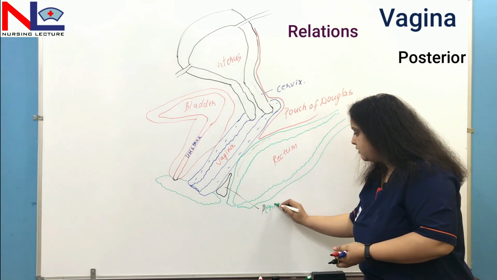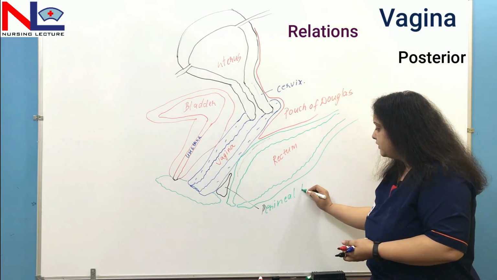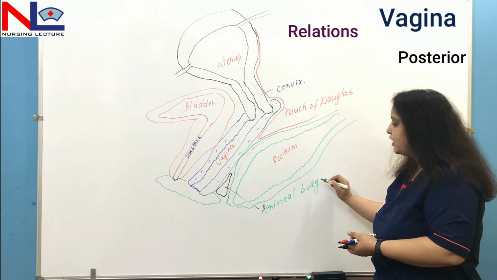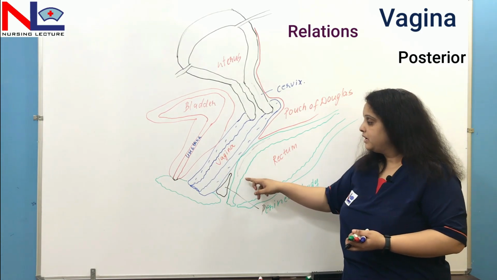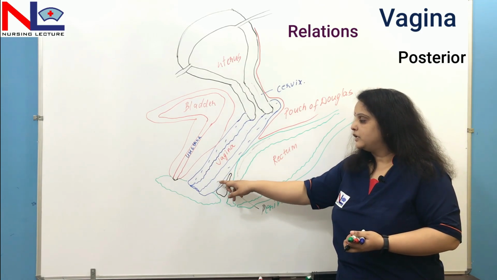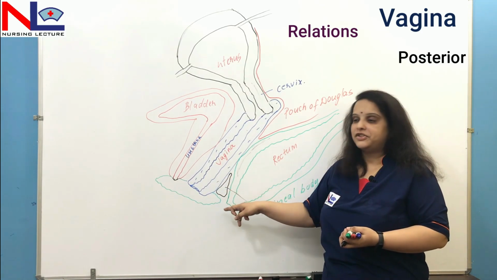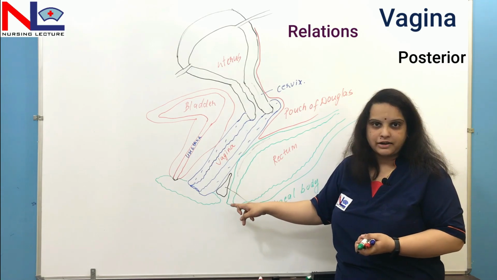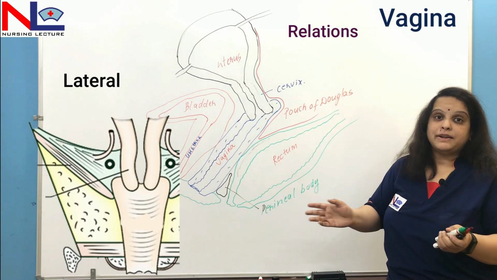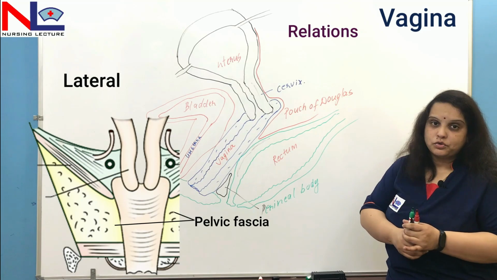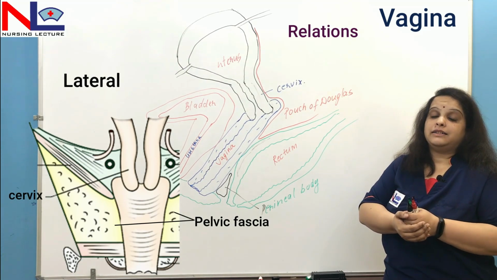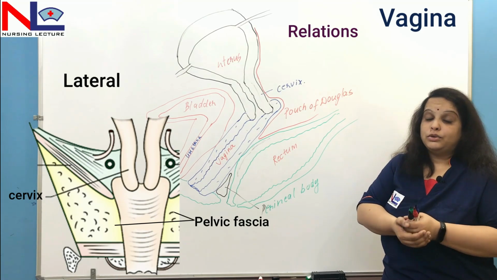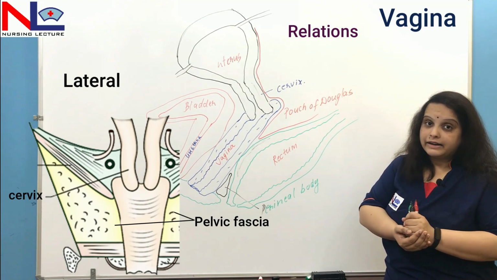Perineal body, a triangular shaped structure which separates the vagina from the rectum. So this is the perineal body which lies in the lower region of the posterior aspect of the vagina. And on the lateral aspect, there are some pelvic cellular tissues which lie within the broad ligament, and they consist of the ureter as well as the uterine artery.